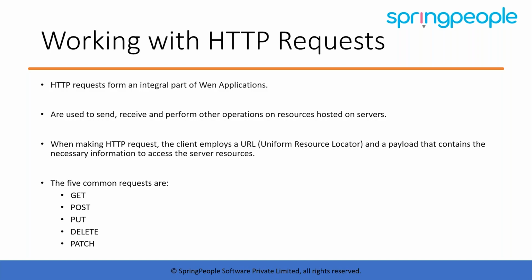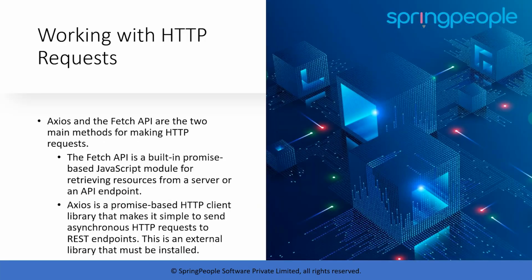So there are three of them basically. I'm not going to be working on this more than necessary. Here I've mentioned these two only on the slides, Axios and Fetch API, because they are more commonly used compared to XML HTTP request.